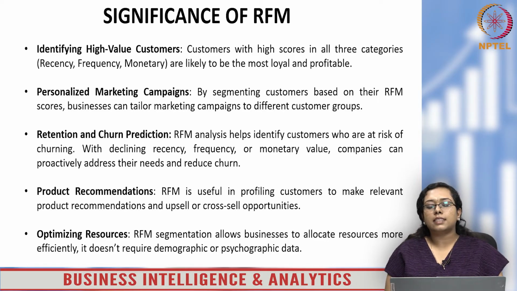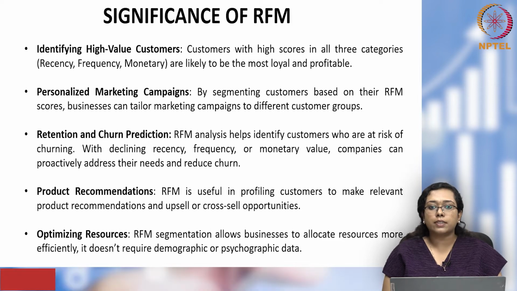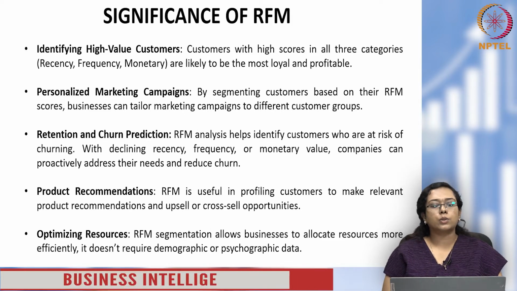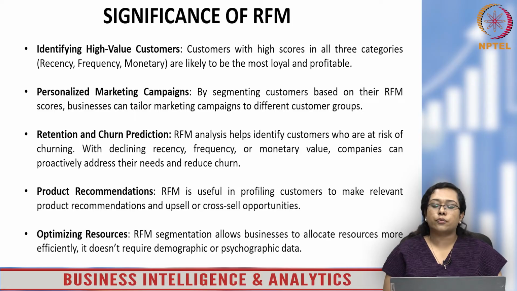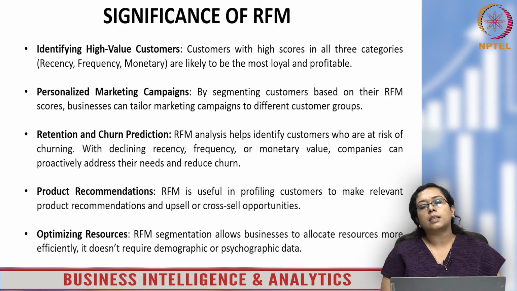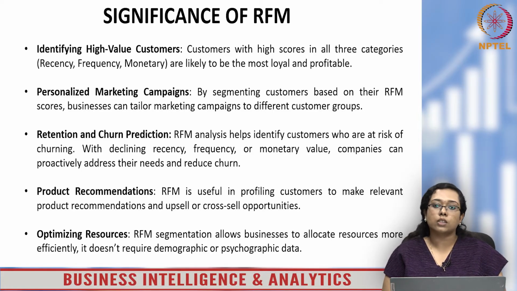The third point is retention and churn prediction. RFM analysis helps to identify customers who are at risk of churning, who are dissatisfied with the business and are looking into another business which they can churn off to. I have already said what churning is, and retaining these customers who are at the brim of churning is something that businesses focus on.